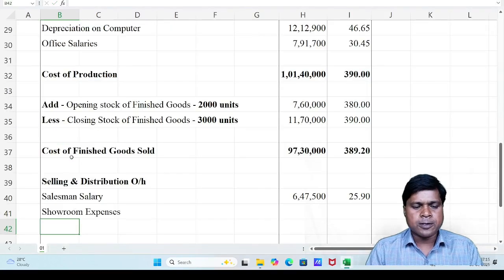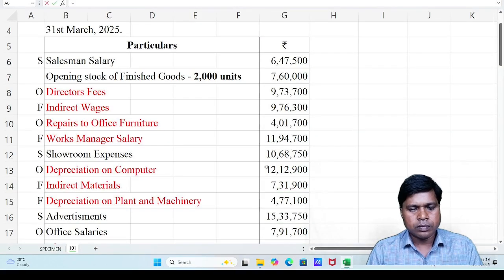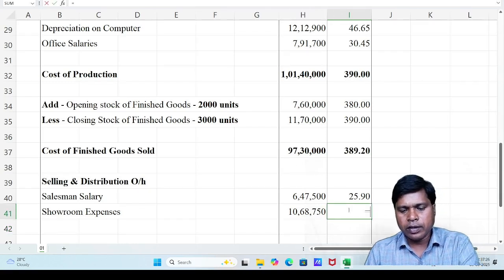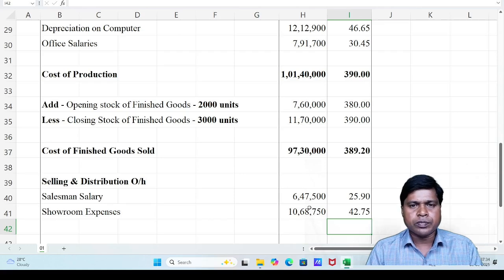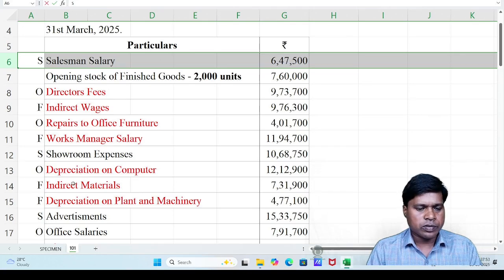After salesman salary, find the next item of selling and distribution overheads. Showroom expenses, amount 10,68,750. Calculate 10,68,750 divided by 25,000 units, 42.75. After showroom expenses, find the next item.